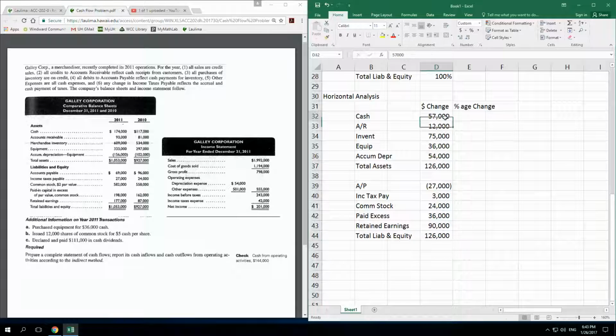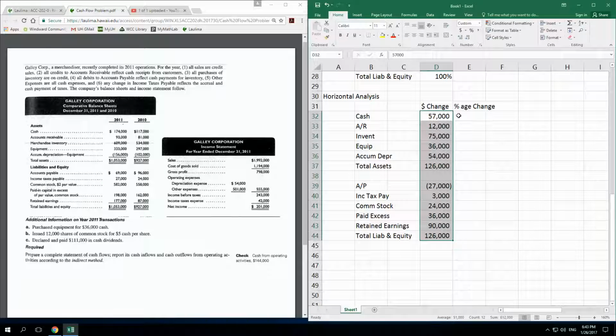Okay. So we got our dollar changes. How do we get the percentage change? It's not hard, but it's probably the hardest thing about this horizontal analysis. And all you have to do is take the dollar change and divide it by the first year, right?